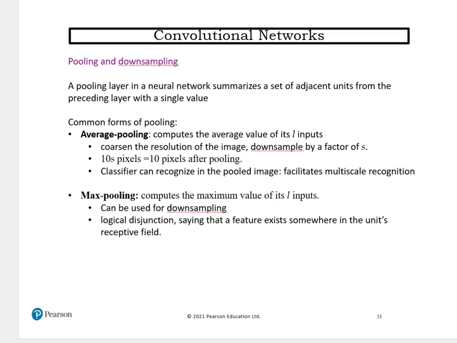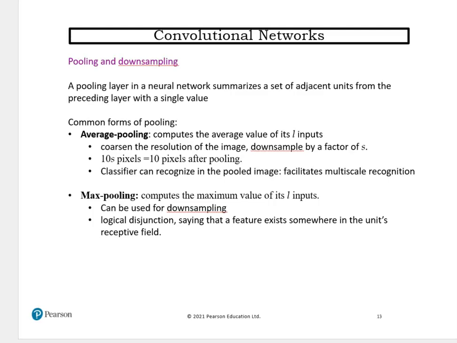Pooling works just like a convolution layer with a kernel size L and stride S, but the operation that is applied is fixed rather than learned. So here we don't learn weights in the pooling layer. There are no weights to learn. Instead, we fix the operation, saying, for example, we're going to take the average over all the elements of the pooling window, and that would be the output.